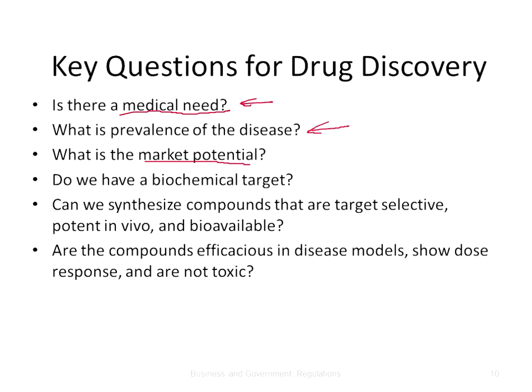What's the prevalence of the disease? For example, I don't know if I talked about the drug leptin, but it's not a drug. It's a hormone, leptin, that affects fat cells, right?